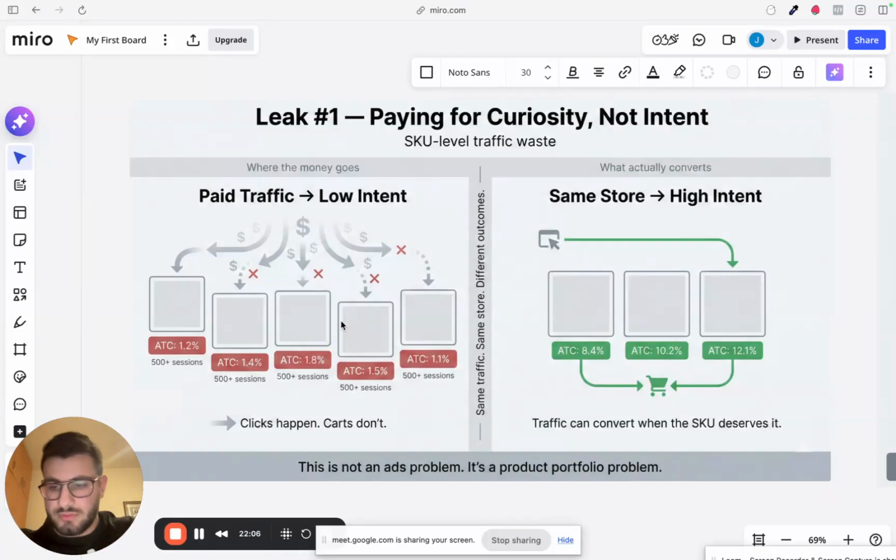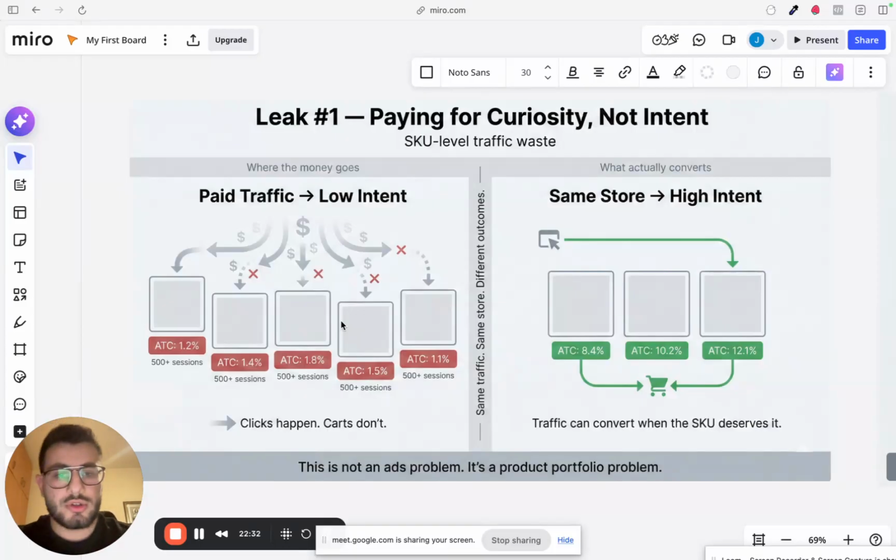You can kill them if you want, but I would recommend killing them. Bucket B can be improved. If you improve them, you can get a higher add to cart on them, and they can be scalable. And bucket C is your winners. These have the highest conversion, the highest profit, the highest add to cart rate. You can have the document later on after the call.